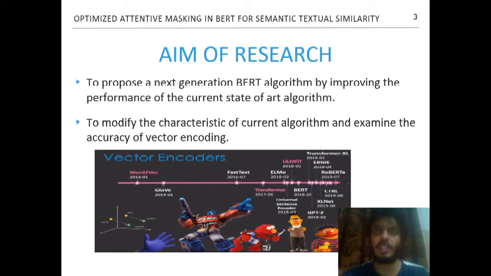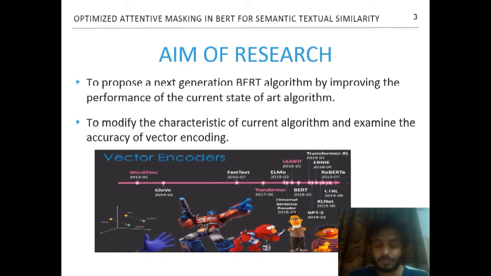Vector encoding is one of the most important factors in NLP technique because the algorithm only understands numbers rather than word representation, and vector encoding has a direct impact on the accuracy of the model. We can see a number of vector encoders in the picture, like transformer, ELMo, universal sentence encoder, and BERT.